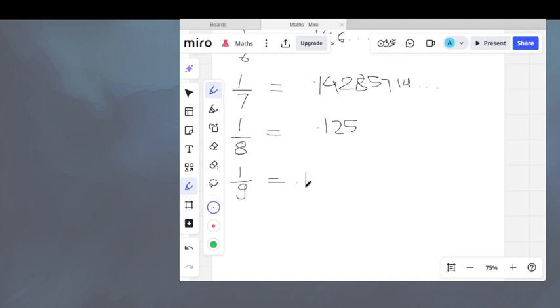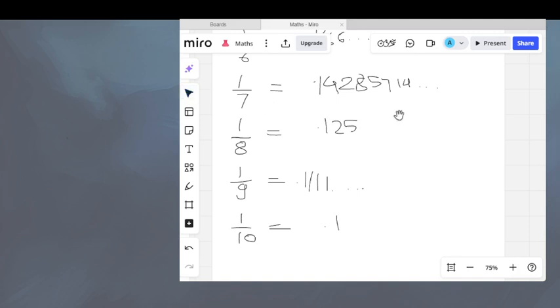The result is 0.1111 repeated n number of times. Let us take one more fraction, 1 by 10. The result is 0.1.